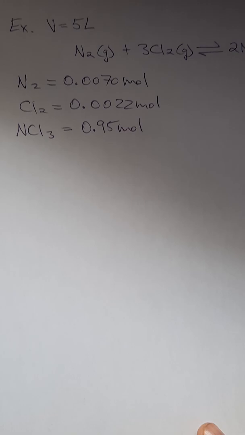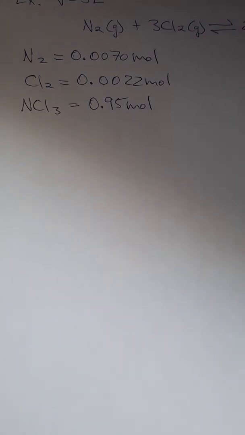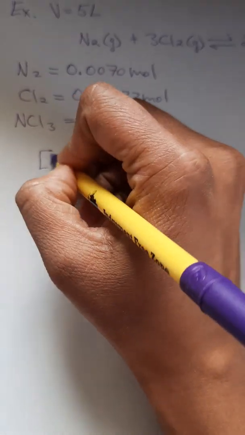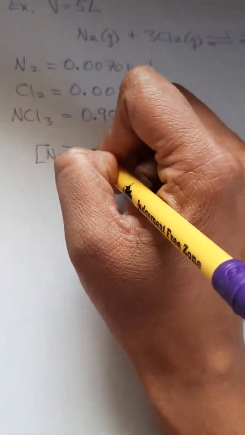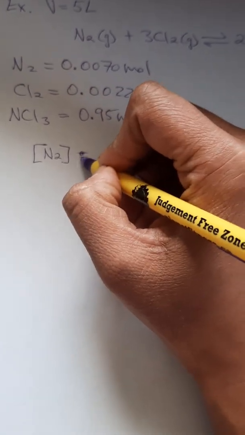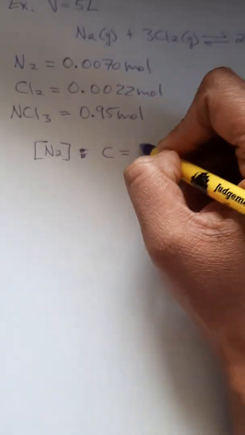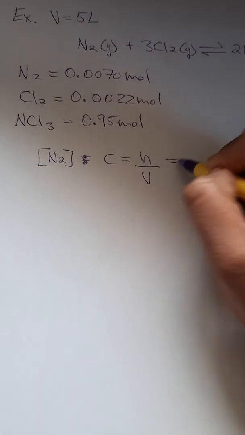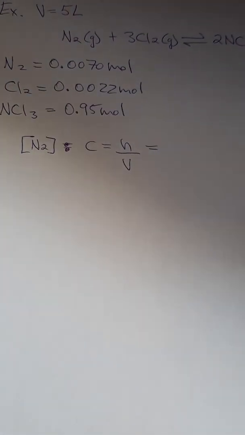Before we actually write out the equilibrium constant expression, I have to make sure I calculate the concentration for each of the reactants and products. So let's start off with the concentration of nitrogen. C equals N over V. Now we'll put it in one line here, so we can all see it.